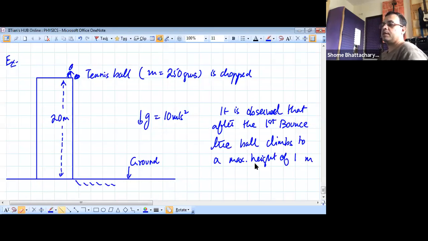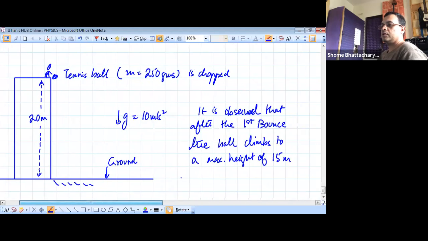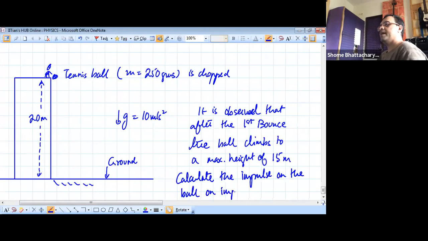It climbs to a maximum height of 15 meters. Okay. So calculate the impulse on the ball on impact with the ground.